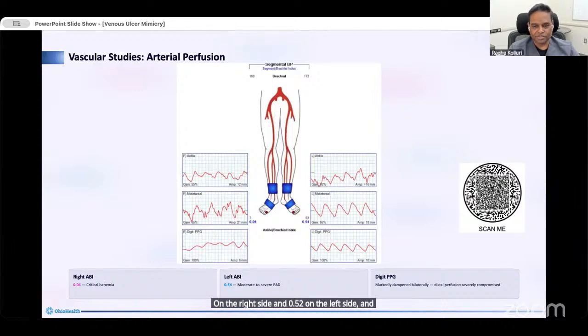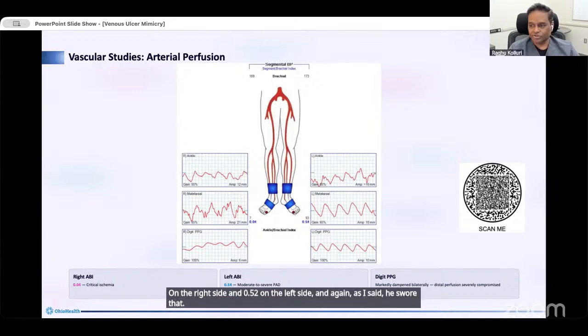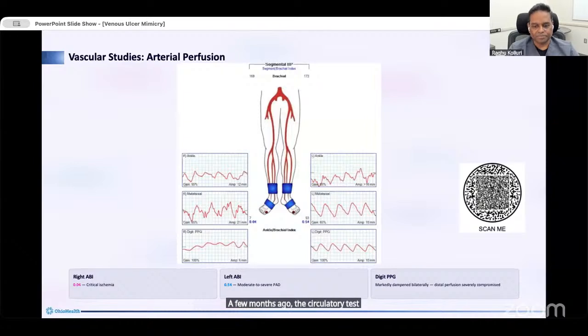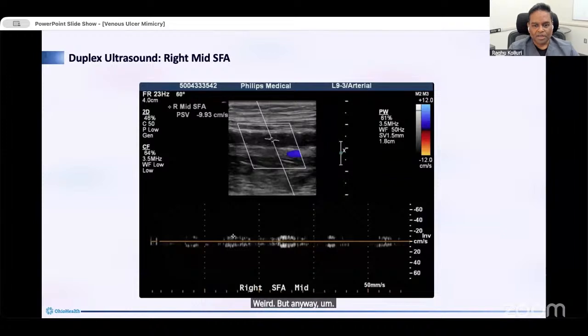And again, as I said, he swore that a few months ago the circulatory test was fine, which was weird. But anyway, his SFA was occluded, as you can see, but the occlusion is organized thrombus more than plaque buildup. Yes, there is plaque, but there's something else going on there too.